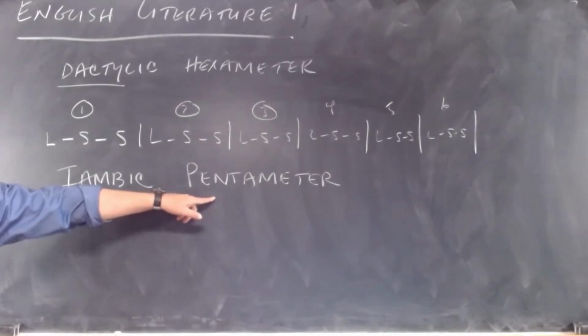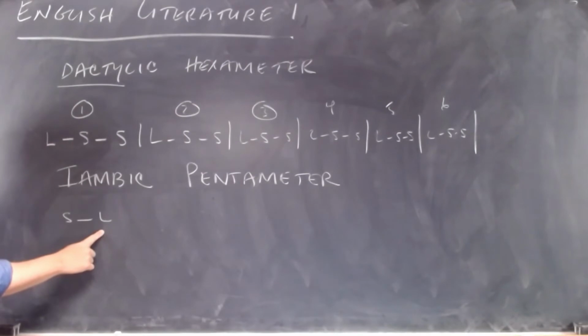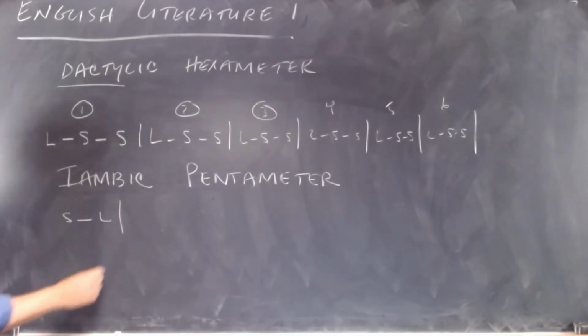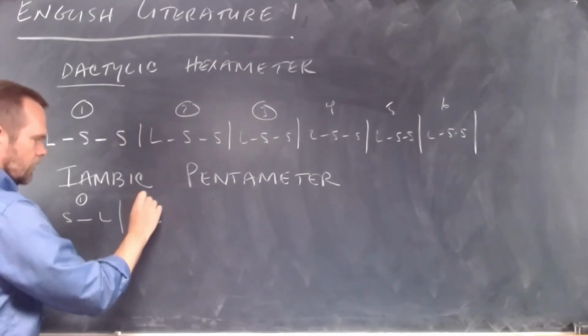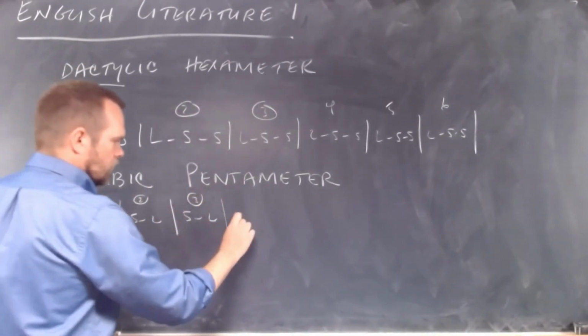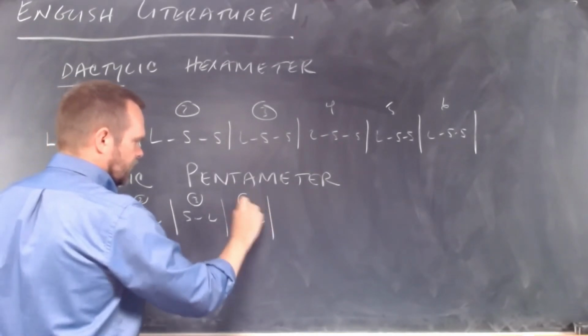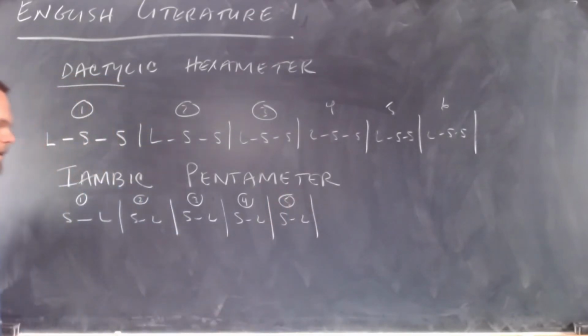Pentameter means 5 measures. So we take the short, long, and we repeat it 5 times. Short, long, short, long, short, long, short, long. That's 4. Short, long. That's 5.